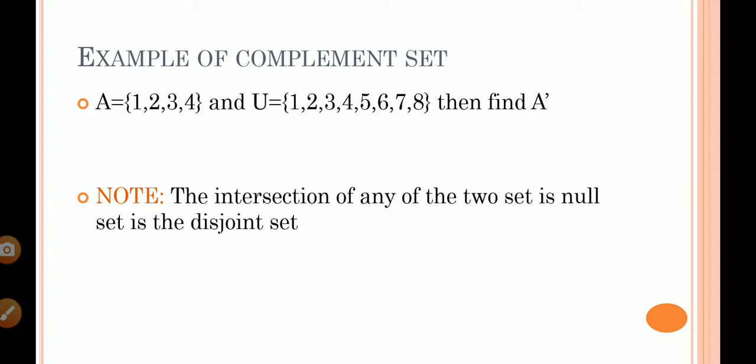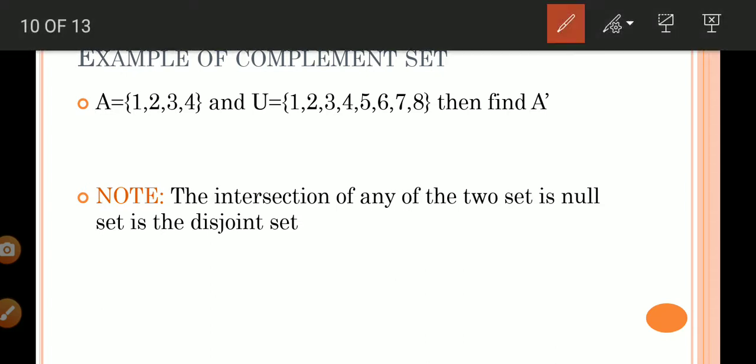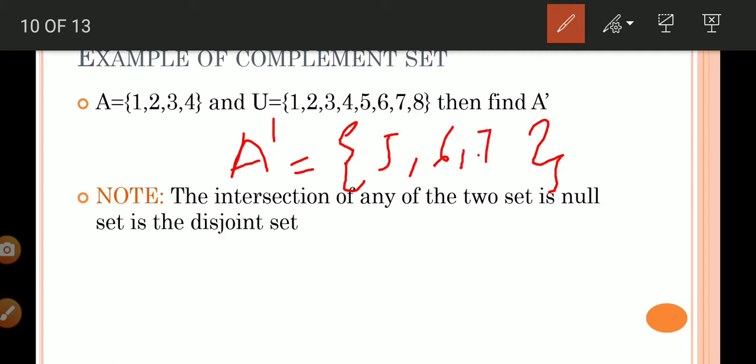U is 1, 2, 3, 4, 5, 6, 7, 8. Then find A complement. It is not present in the set but is in the universal set. So we will write 5, 6, 7, 8. That is A complement.